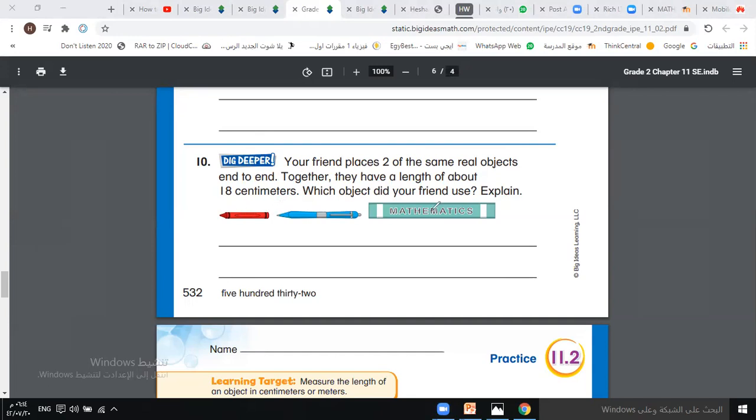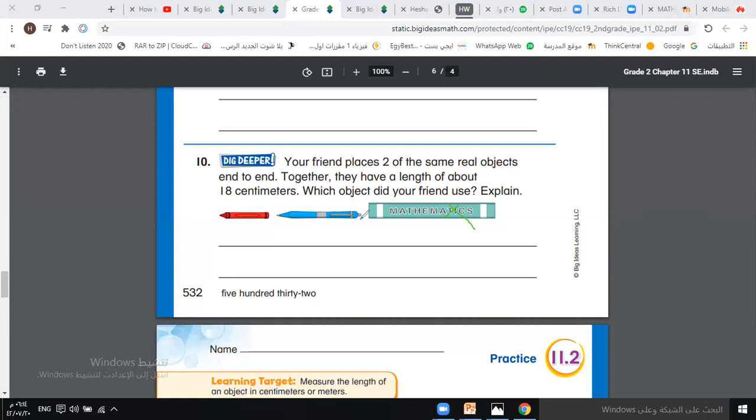Yes, it's very long. Actually, we can't choose math book because we measured the length of one math book and we found it's 26 centimeters. So two is greater than 18, so it can't be math books. Okay, two pencils or two pens.